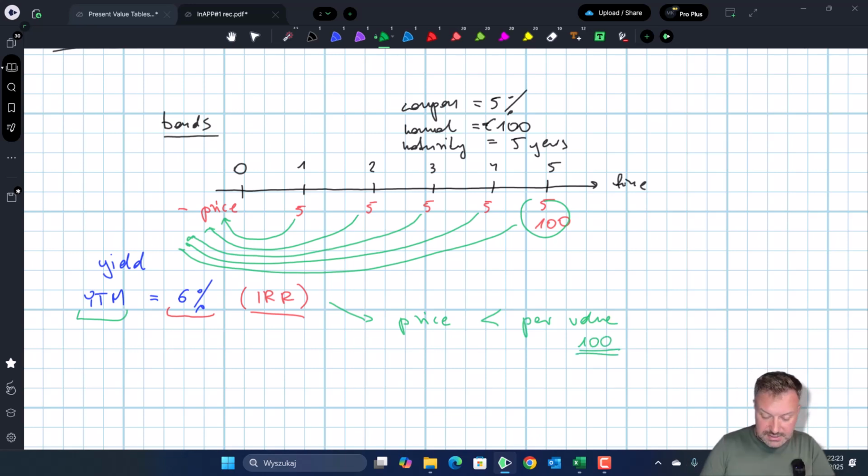And the price is such that the internal rate of return equals 6%. We can solve this exercise to find out what this price would have to be, and think about the relationship between the internal rate of return and the price of the bond.